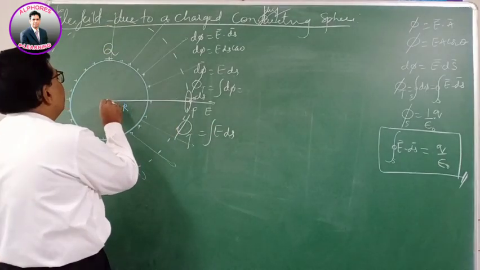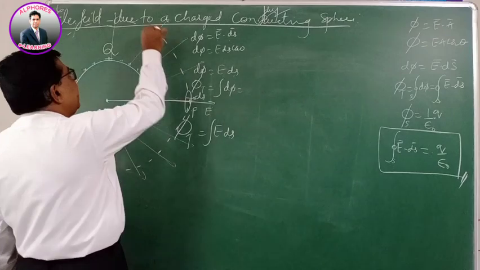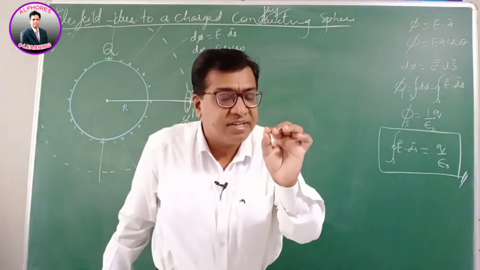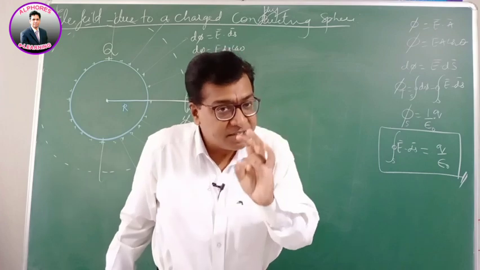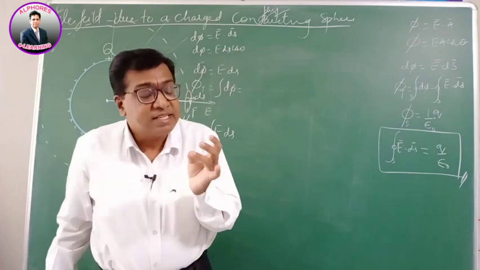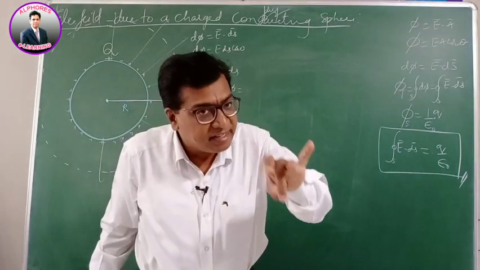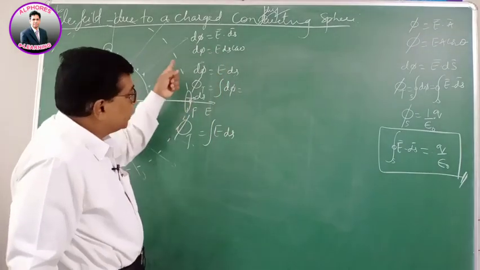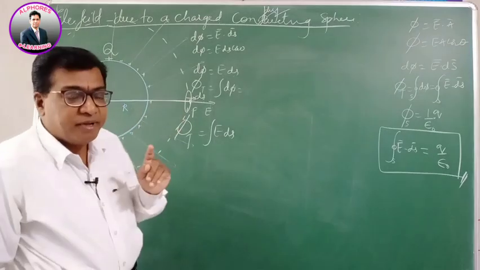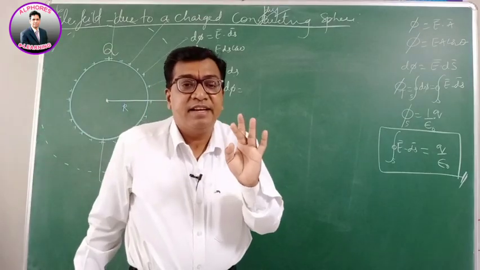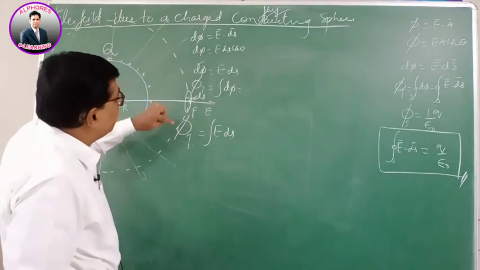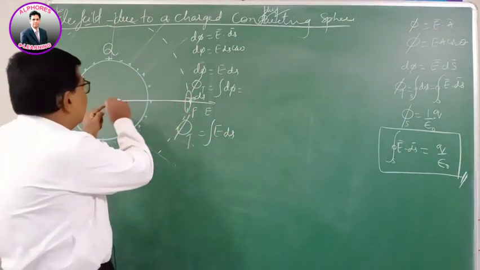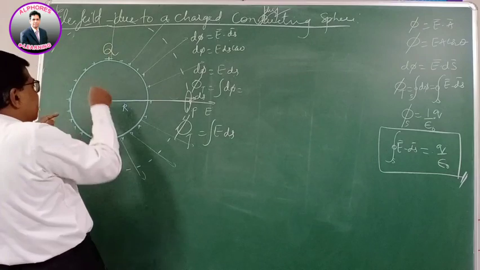But for all the points, the electric field here is a constant. Whenever you imagine a Gaussian surface, first, it should be symmetrical to the charge distribution. Second, it should pass through the point where the electric field is to be found. I want to find the electric field at point P, so the Gaussian surface passes through P. Third, the electric field should be the same at all points on the Gaussian surface, so the surface is equidistant from the charge.